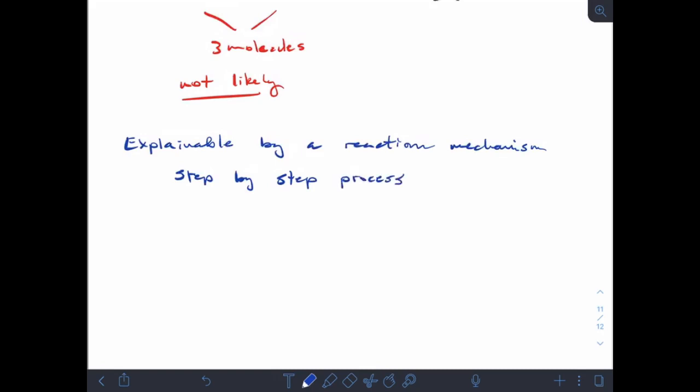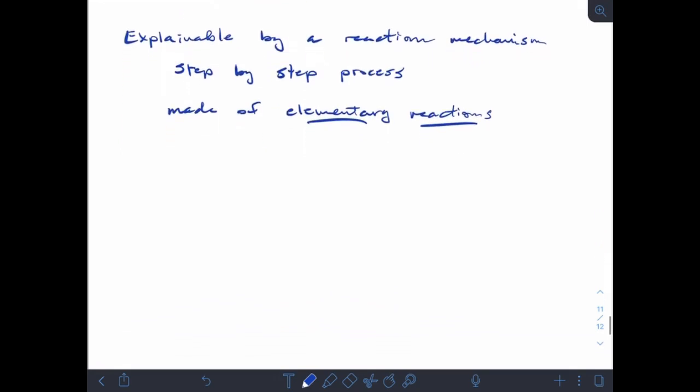We break the reaction up into multiple smaller reactions, and the step-by-step process is made of what we call elementary reactions.